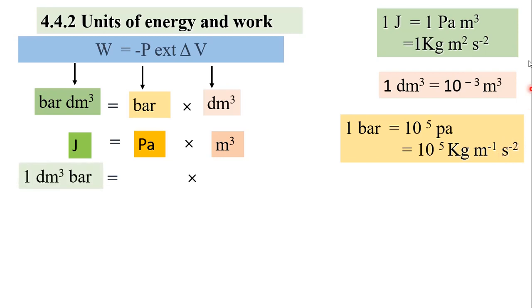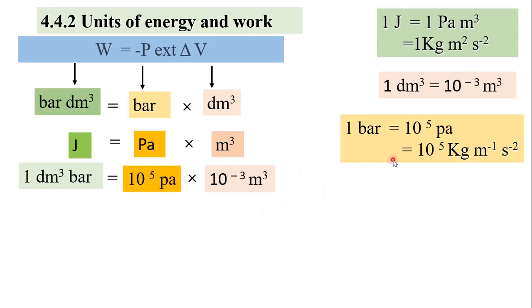Suppose the work done is 1 dm cube bar, then it is equal to how much? 10 raised to 5 Pascal into 10 raised to minus 3 meter cube, because 1 dm cube is equal to 10 raised to minus 3 meter cube, and 1 bar is equal to 10 raised to 5 Pascal.